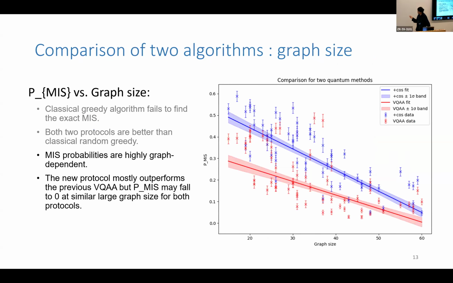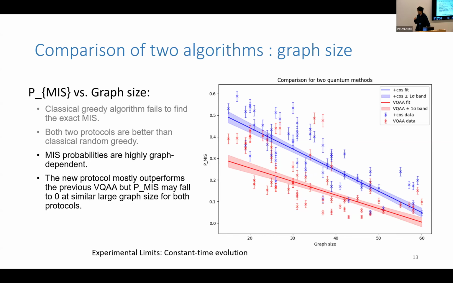We also show the performance with regard to the graph size. We can see a decreasing trend with the increase in graph size. This is mainly due to the experimental restriction on the evolution time.